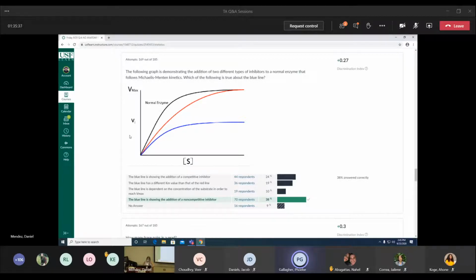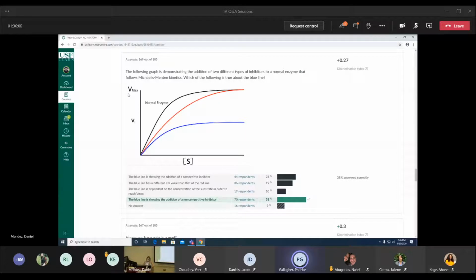So your Km, which is going to be on your x-axis, if you were to draw a line from your half Vmax to the new Vmax that the blue line makes, you'll see that if you take half of that, it's going to be the same Km value as the uninhibited enzyme, because it has a similar slope.